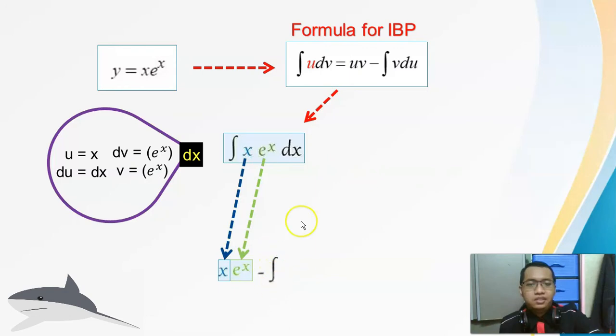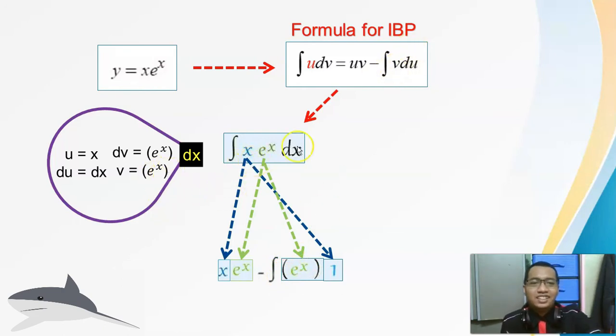Then we minus integrate, minus integrate, and then v is e to the power of x, and the back one is du, which is 1 dx. I'm sorry, the e to the power of x is in front. After this, we can solve it easily by using basic integration.